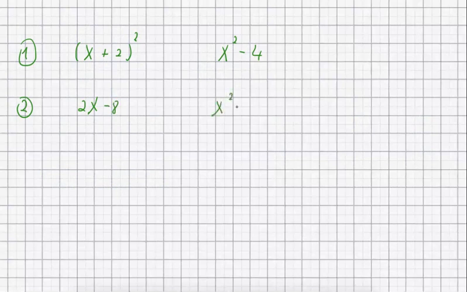Whenever you do it, just put it on a paper, write it down, send me a WhatsApp picture, and I will see if you got it right.